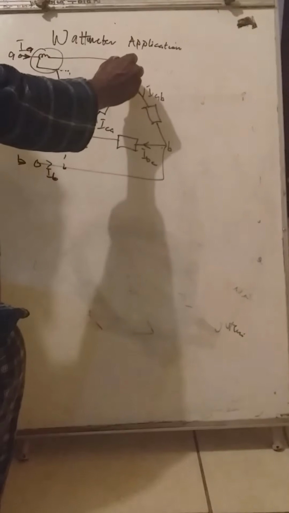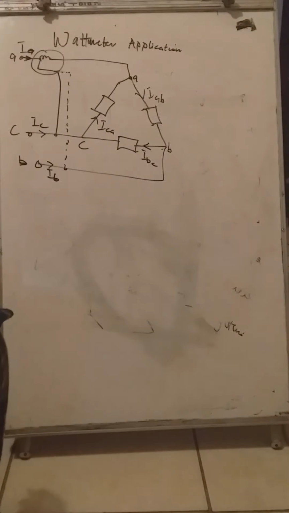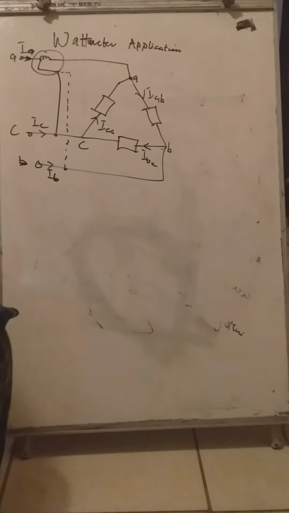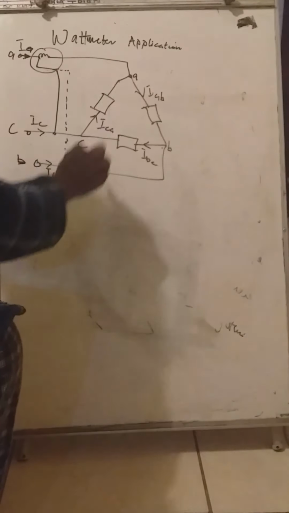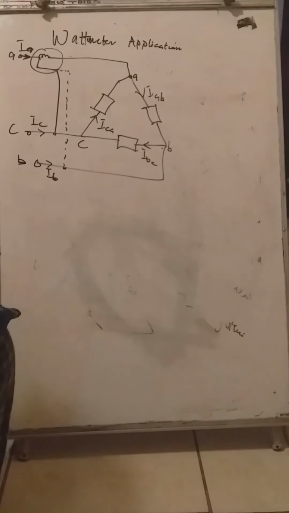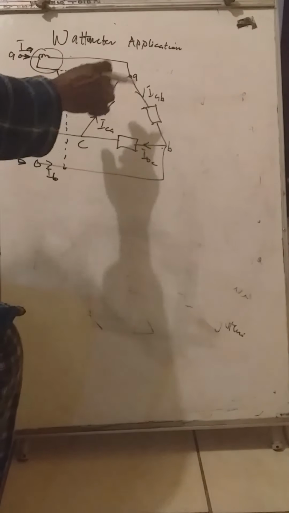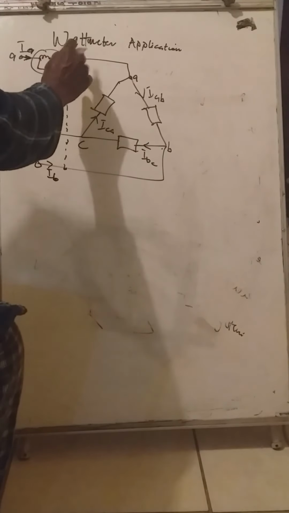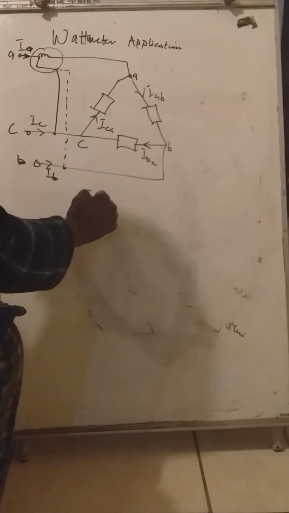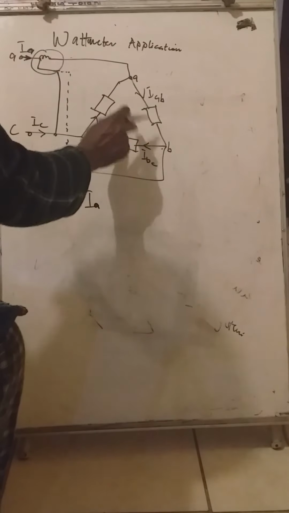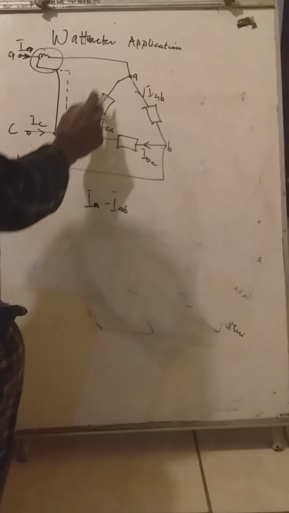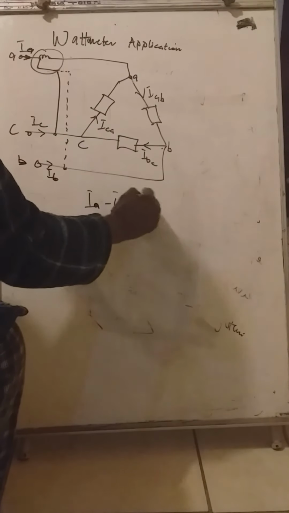So when you use Kirchhoff's current law to determine the summation of the current at node A, every current flowing in is assumed to be positive and the one flowing away to be negative. IA can be taken as positive, while IAB is flowing away from the node, taken as minus IAB, then ICA is flowing into the node, which is plus ICA.